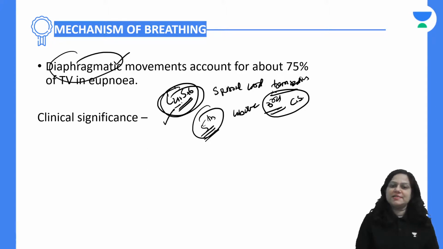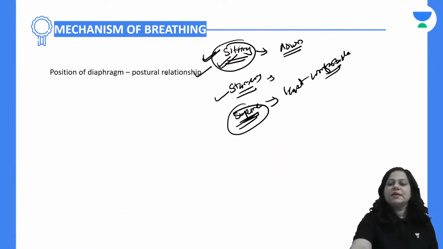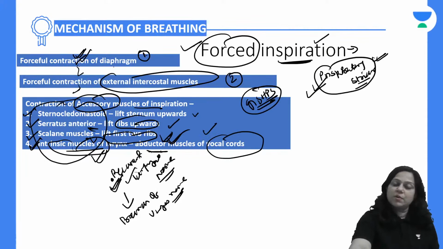Phrenic nerve C4, C5, C6. If there is a transection of the spinal cord below the level of the fifth segment, it is not a fatal condition. Then diaphragm position and posture relationship: sitting position is most comfortable.